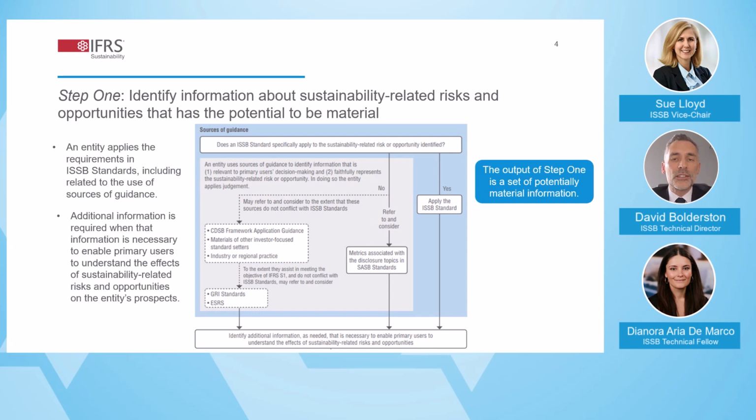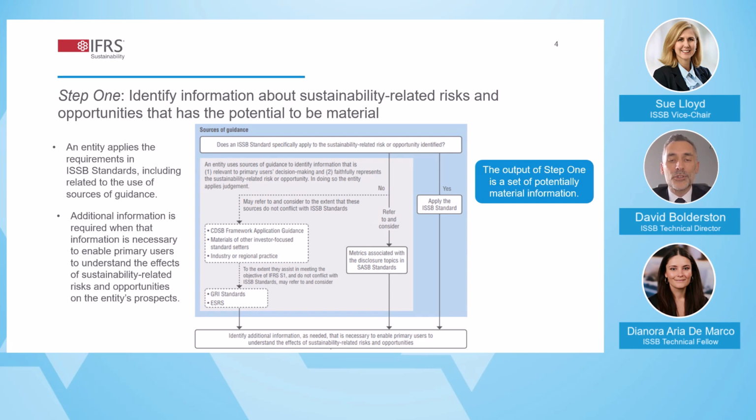So in the case of identifying what information to disclose, entities may also refer to and consider the applicability of requirements in GRI standards and IFRS subject to specific conditions. That is, IFRS S1 provides additional sources of guidance an entity may refer to and consider, in addition to considering CDSB, materials of other investor-focused standard setters, and industry practice or regional practice.